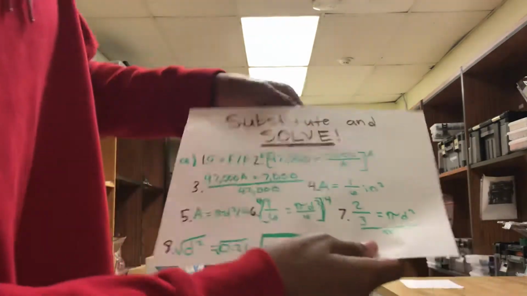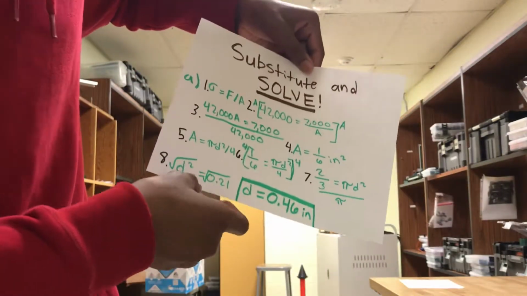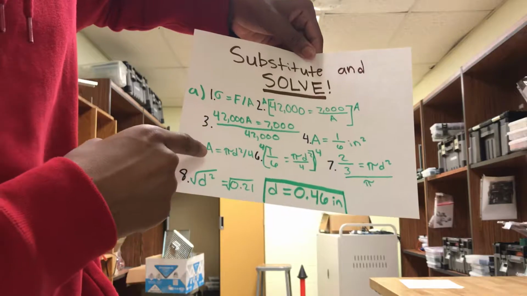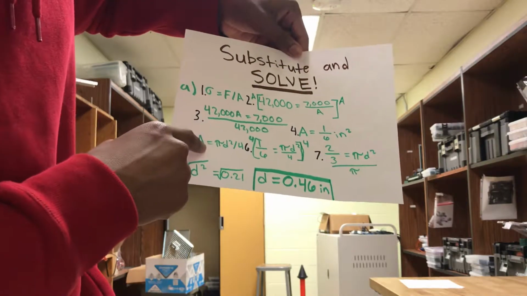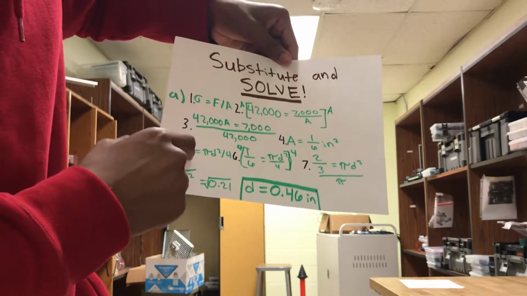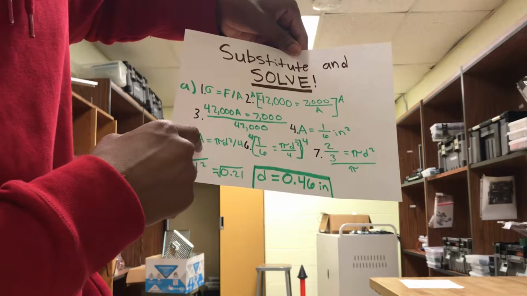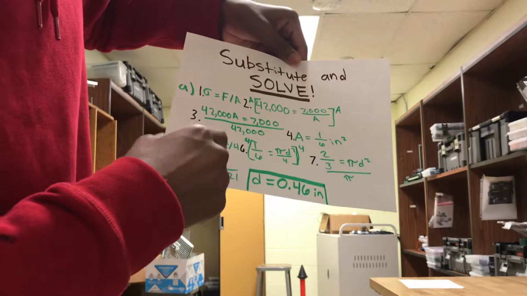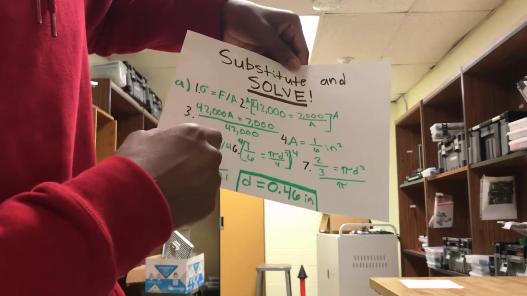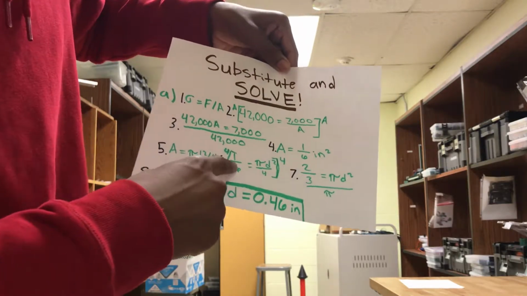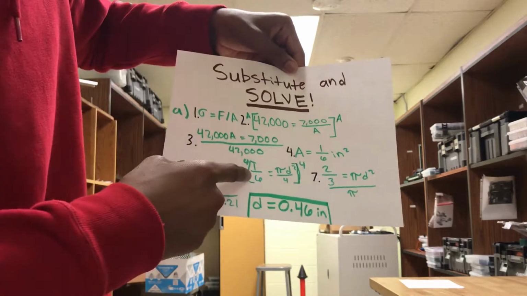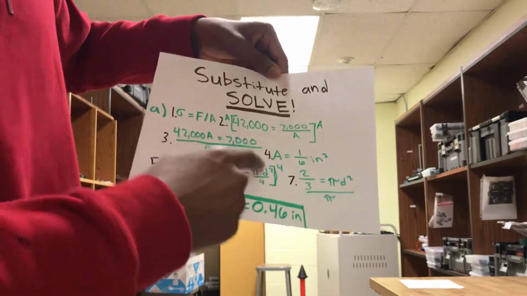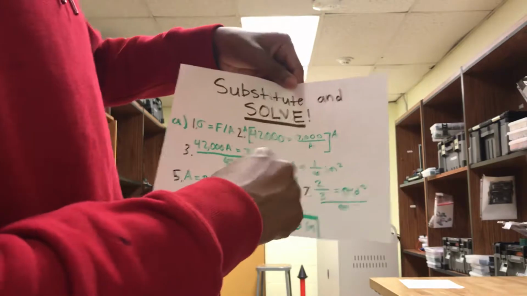Now, with this, we must use A, or the area, in our next equation. So you have A equals pi times diameter squared divided by 4. And now we just substitute everything in. So we put in 1/6 equal to pi times diameter squared divided by 4.